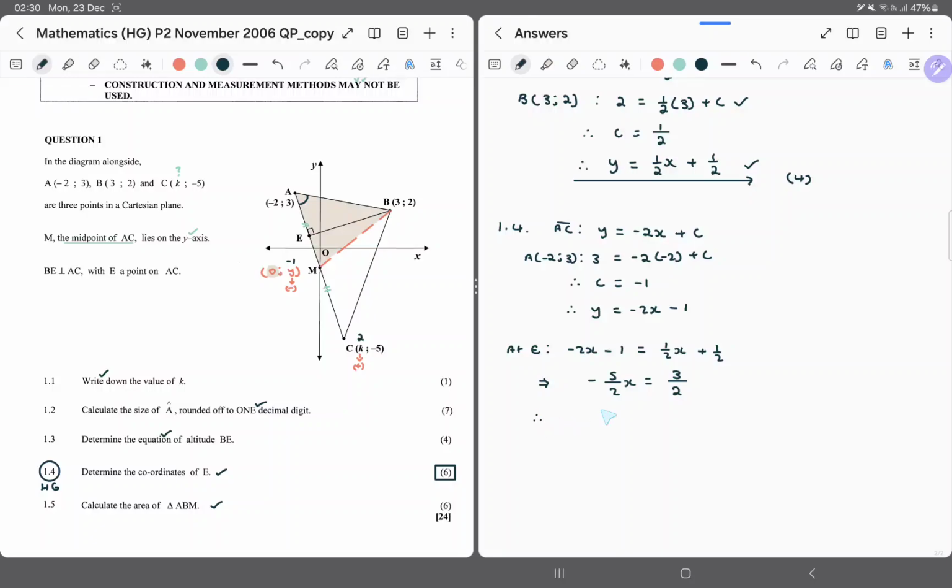Okay, therefore we solve for x by dividing by minus 5 over 2. So this is as good as cross multiplying that. It gives us 6, cross multiply that, it gives us 10. So the common factor there is 2. We still get 3 over 5.